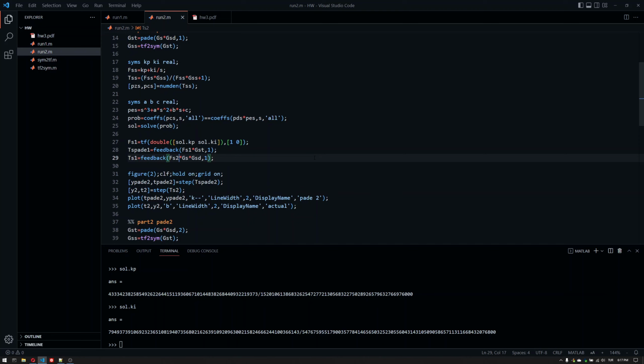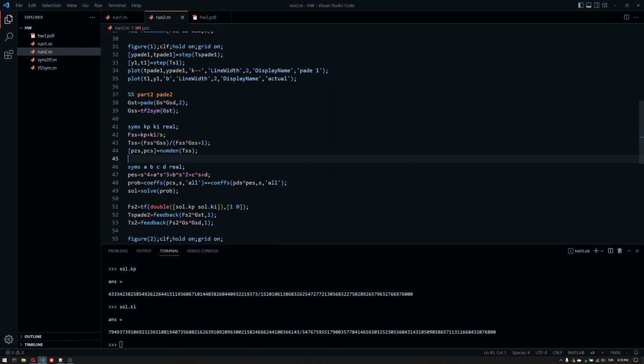It would be TS1, FS1, GS, GSD. We would plot that. I could also maybe combine them, but for the moment, I guess it's not that important. So actual Padé 1. So let's see.